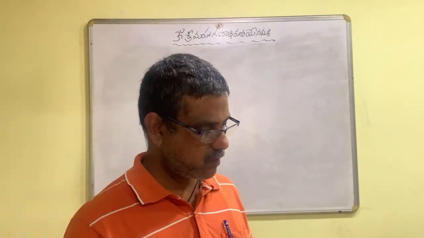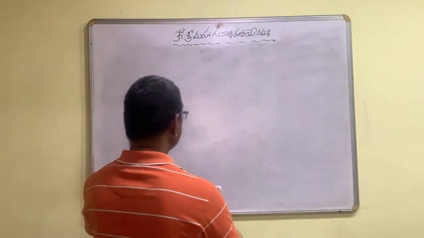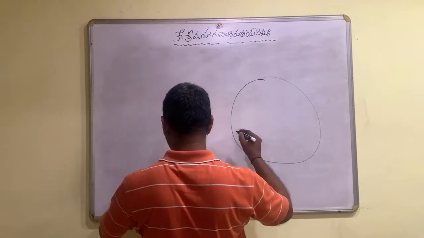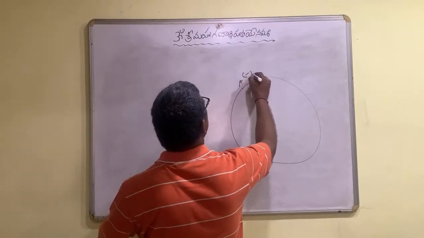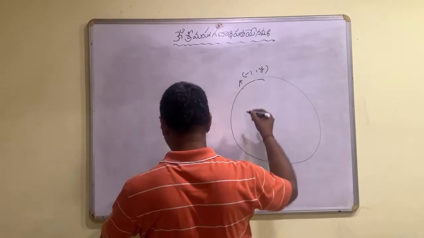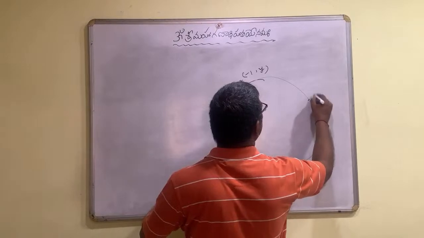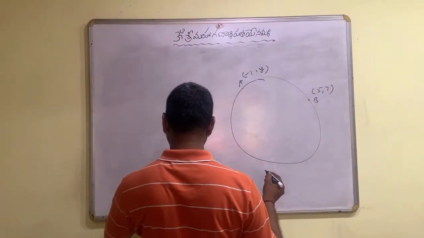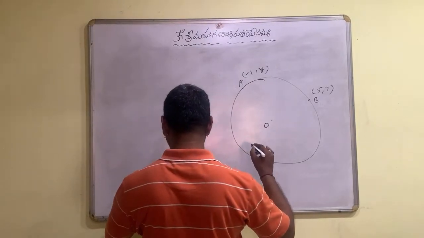There is a circle. Point A is (-1, y) and point B is (5, 7), lying on the circle, and center O is (2, -3y).